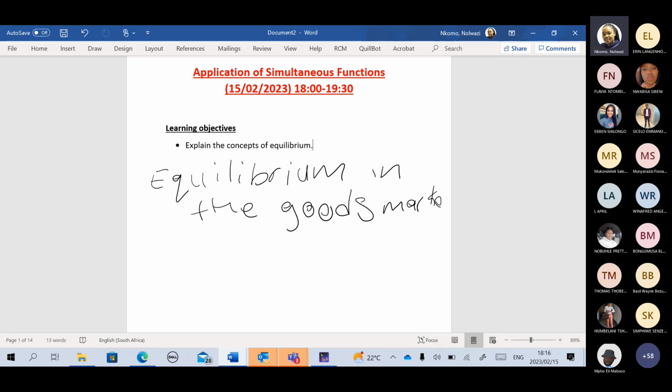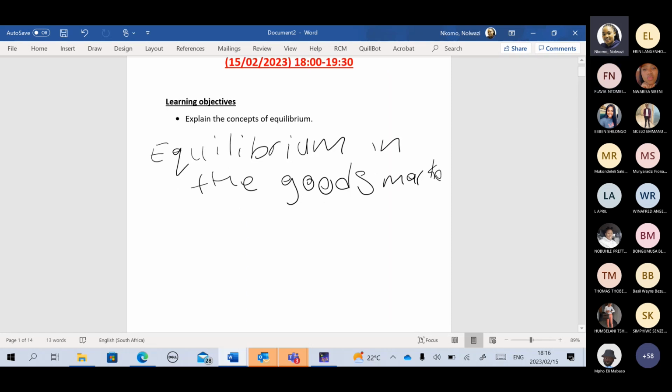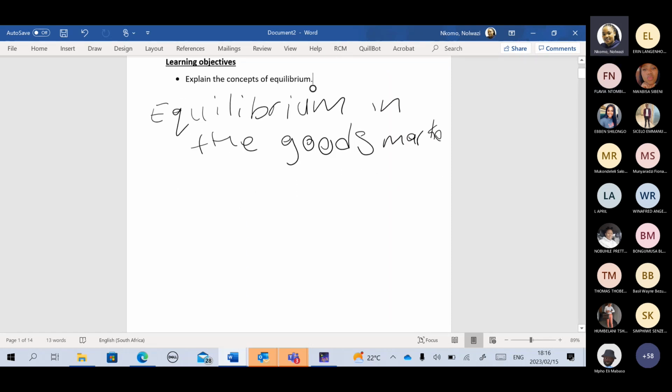Going back to the definition in the study book, when the number of units that consumers demand, we'll use QD for the number of units the consumer demands, and QS for the supply.